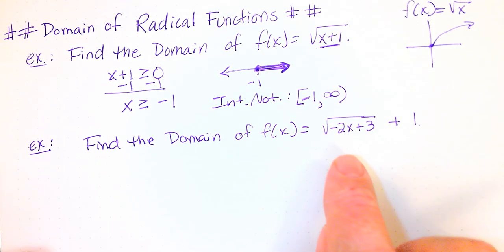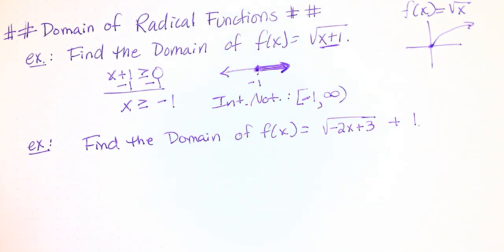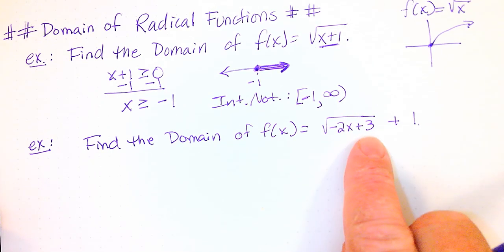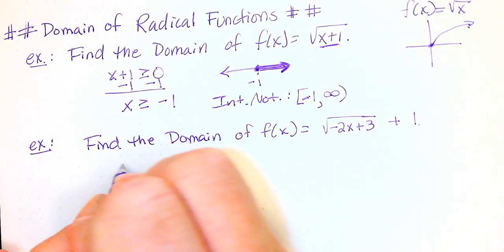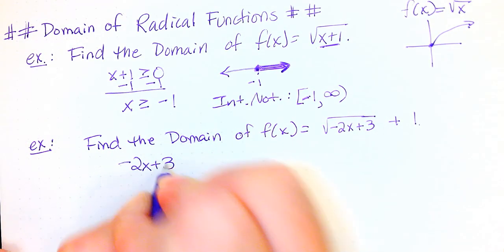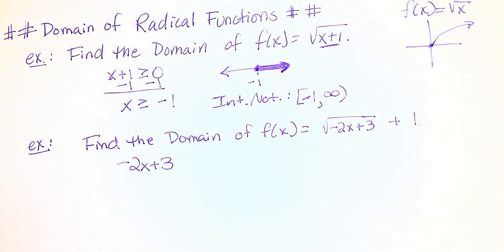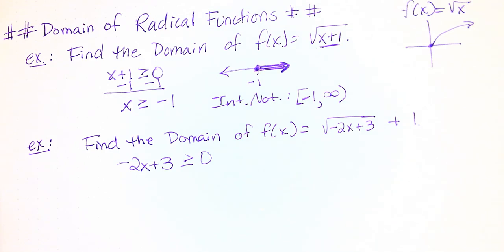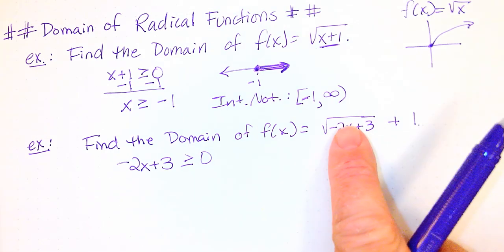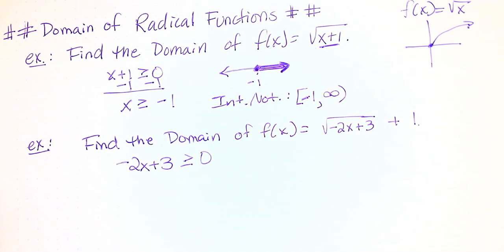The only thing that's going to limit the domain and make it something other than all real numbers is what's under the radical. Okay, so let's set it up similar to what we did in this first example.